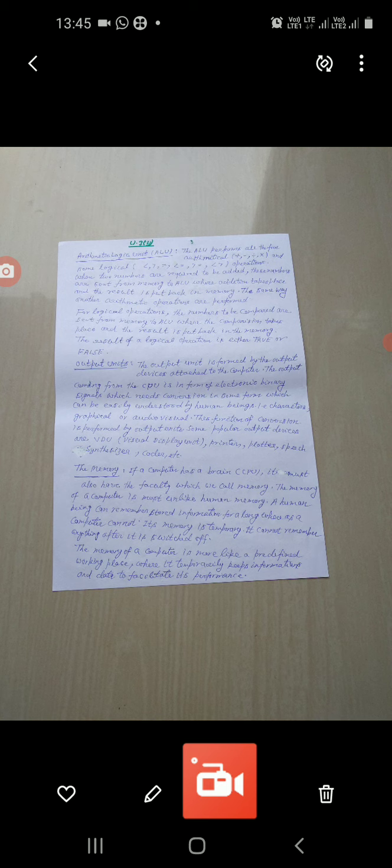And for logical operations, the numbers to be compared, for example you want to compare 4 and 5, which is greater or less with respect to the other number, are sent from memory to the ALU, where the comparison takes place and the result is put back in the memory.